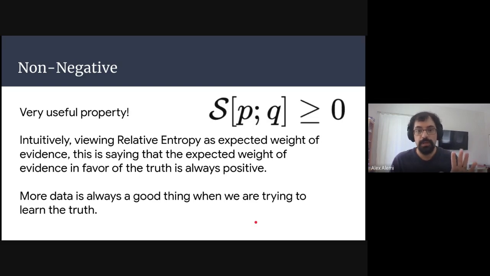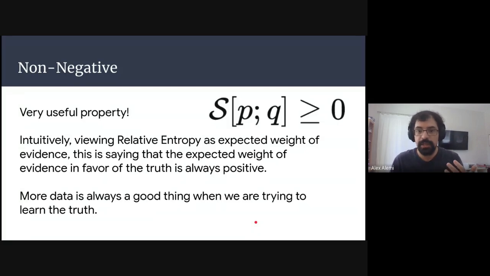Now, in our other interpretation, as expected weight of evidence, this makes sense, and this has a very nice intuition. Expected weight of evidence being positive means if you accumulate data in expectation, data from the correct hypothesis will move you towards the truth. A New Jersey bag will convince you it's New Jersey over Ohio. An Ohio bag will convince you it's Ohio over New Jersey.